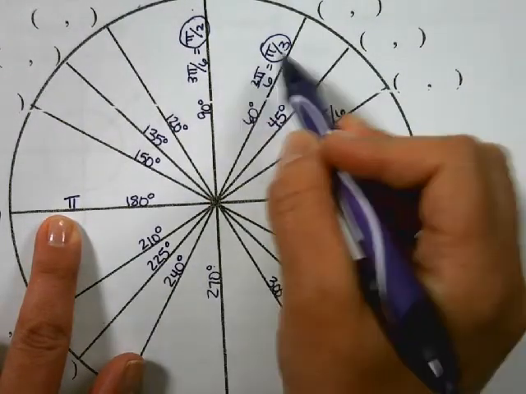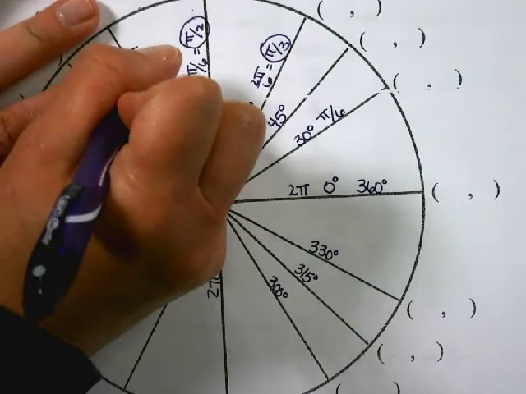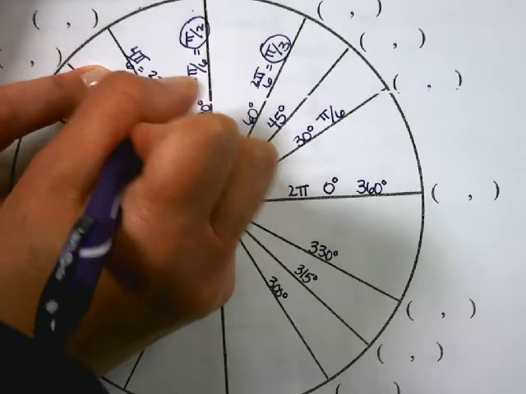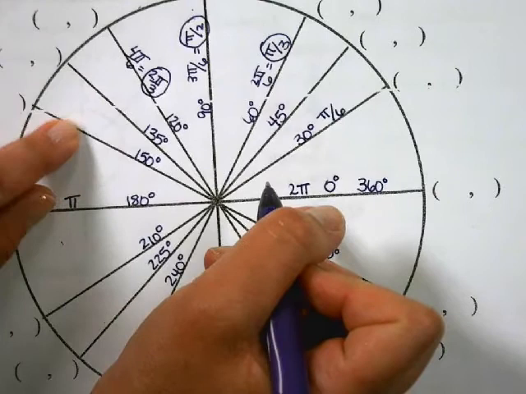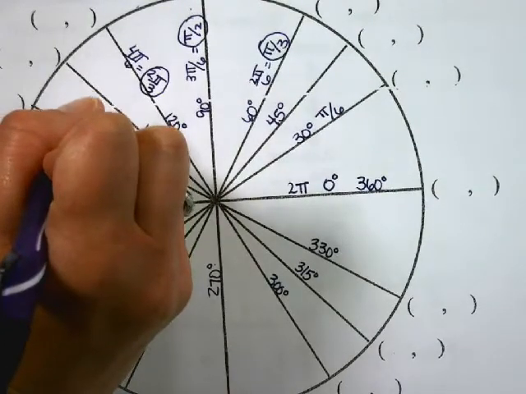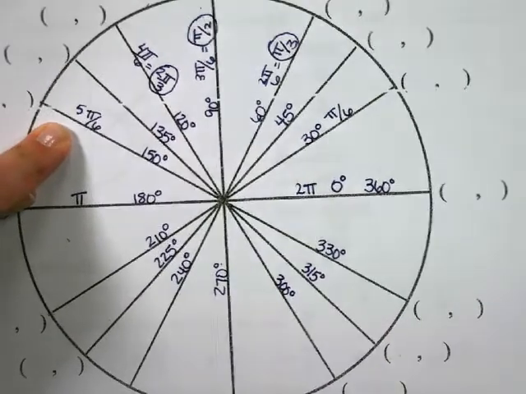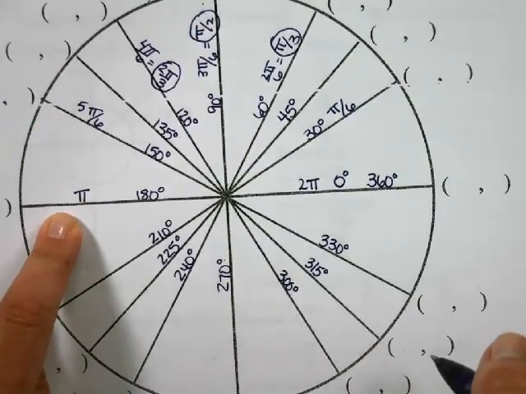1 pi over 6, 2 pi over 6, 3 pi over 6, 4 pi over 6, which reduces to 2 pi over 3. Skip the 45. 5 pi over 6, does that reduce? No. 6 pi over 6. Hey, we already did that one, right?